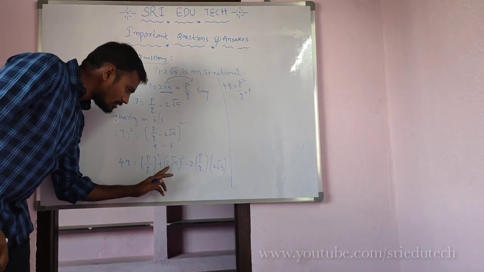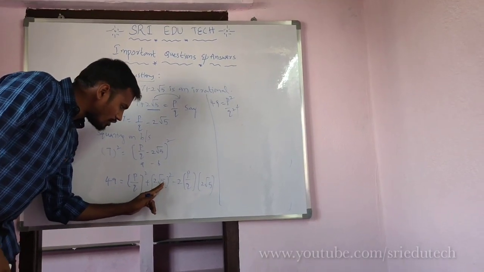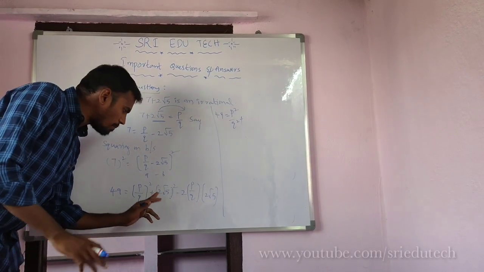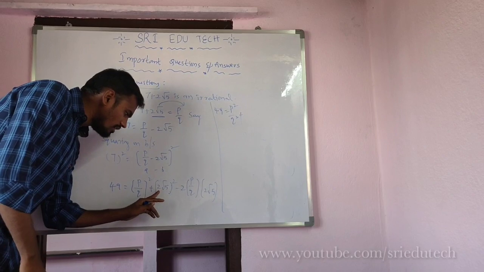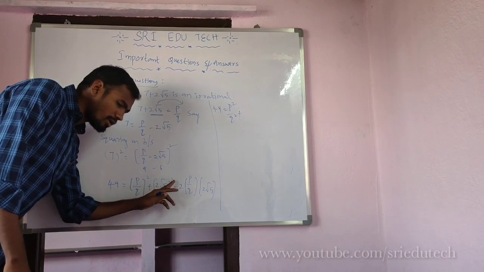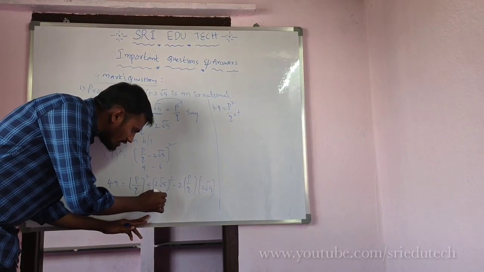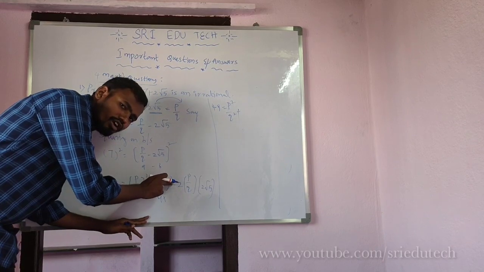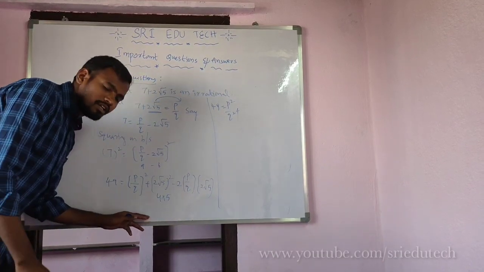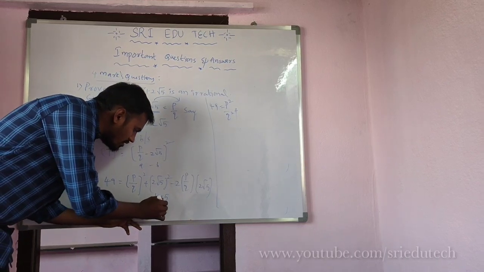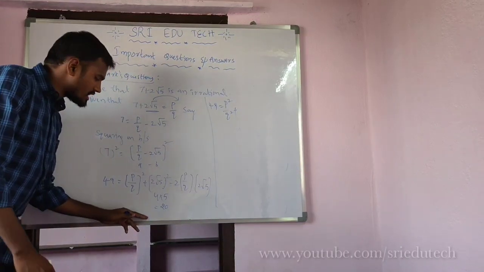Here 2 is one number and root 5 is another number. So apply the square separately to both. 2 square is 4, into root 5 whole square, the square and root cancel, leaving 5. Then 4 5s are 20. It is very important.